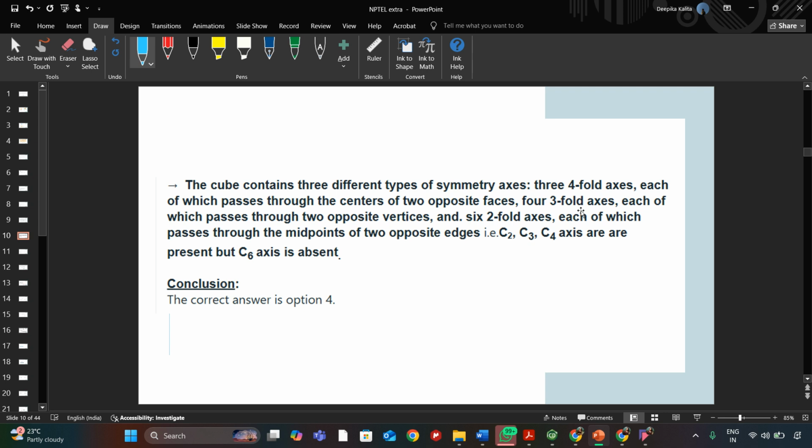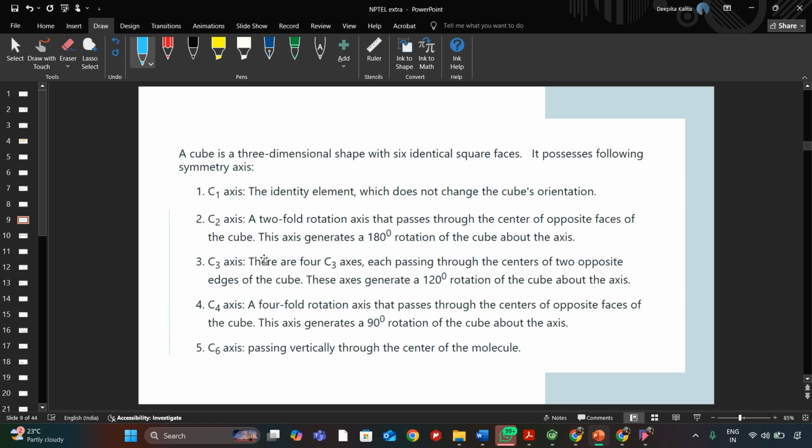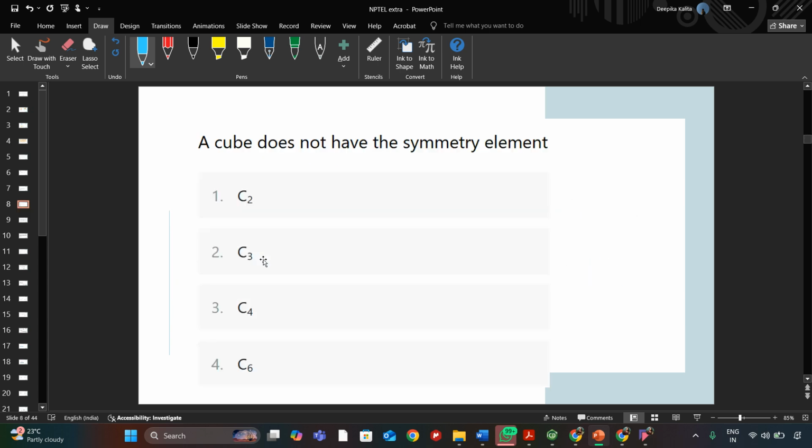With that, in a cube, we also have six C2 axes of symmetry. But we do not have any C6 axis of rotation present in a cube. Hence, out of all these options, a cube does not have a symmetry element C6. Option 4 will be the correct answer.